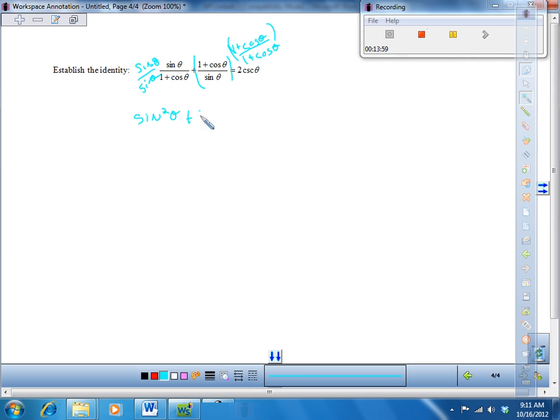And when I do that, I get 1, plus cosine theta times 1, and cosine theta times 1 makes 2 cosine theta, plus cosine squared theta. So this is like 1 plus x times 1 plus x, right? That's basically what I'm doing over here. So it's 1 times 1, x times 1, and x times 1. That's where the 2 cosine theta comes from. And x times x makes x squared.